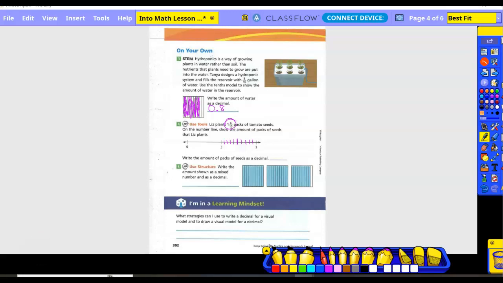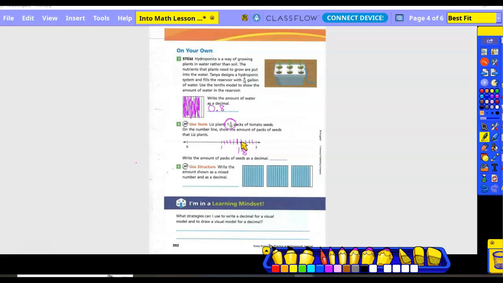Okay. So 1, 2, 3, 4, 5, 6. And then it also looks like they leave a little box there. Is that just through the paper? That just must be through the paper. So then I'm going to mark it as 1 and 6/10. Correct? Yes. Okay.